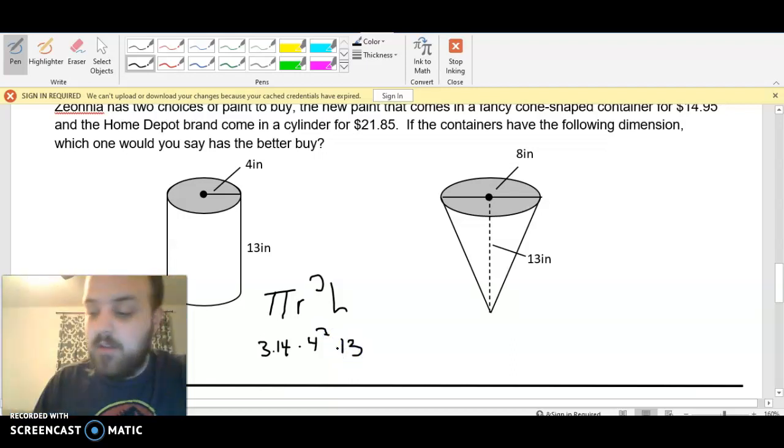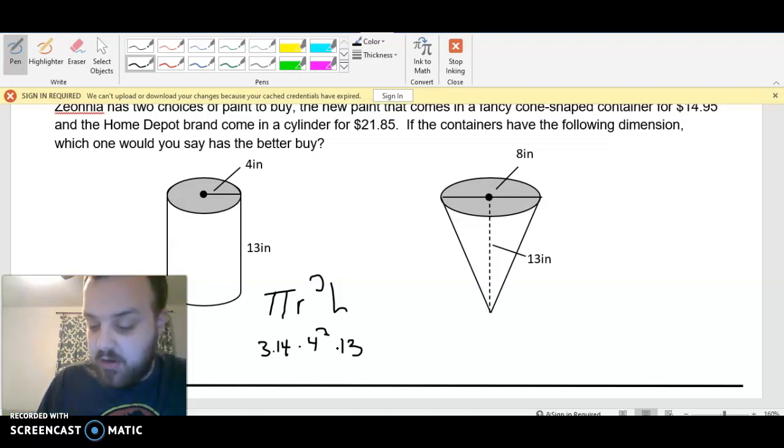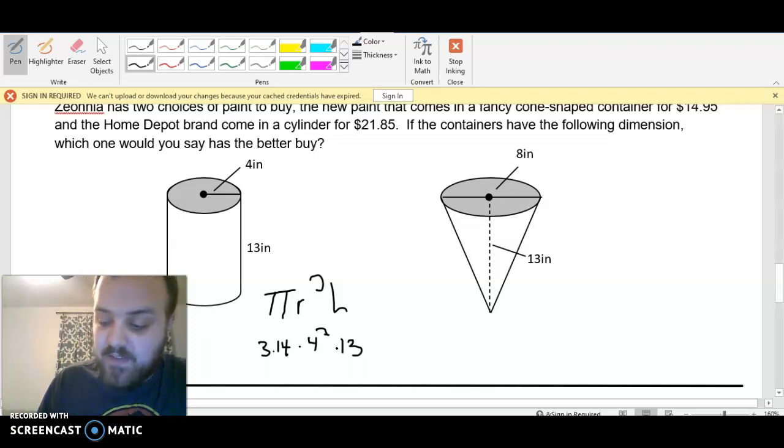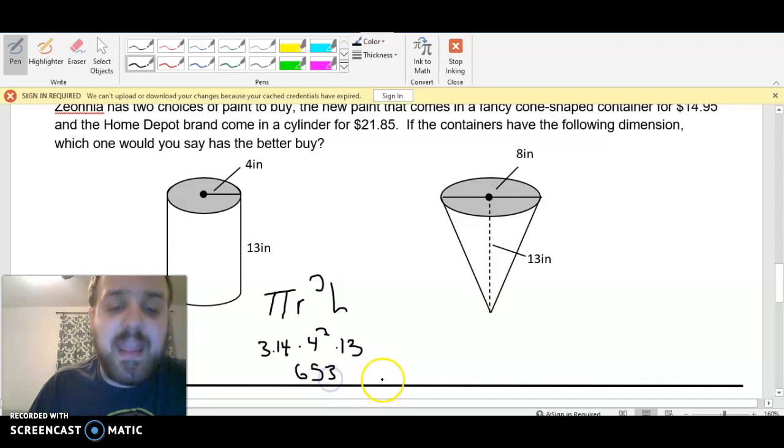Everybody should have the calculator. Plug that in and see what the volume of the cylinder is. When I plug this in, I'm getting 653.12. I'm going to round that to 653, and that's my approximate volume of the cylinder.